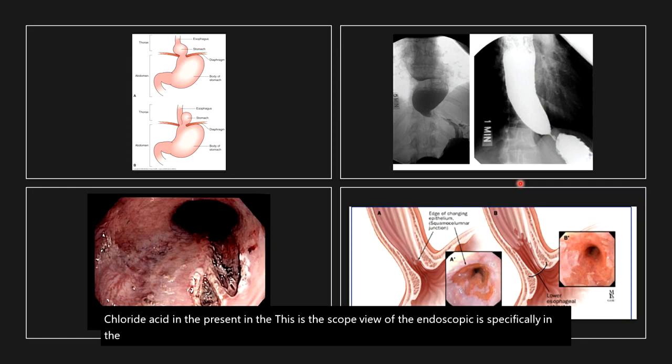In that same location, we can have disorders that can produce bleeding, like Mallory-Weiss tearing, specifically located in that gastroesophageal junction, or what we call the lower esophageal sphincter.